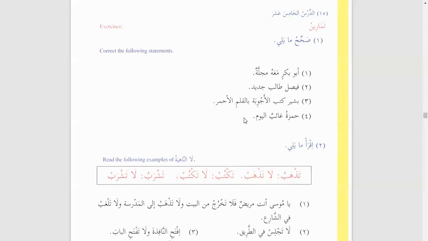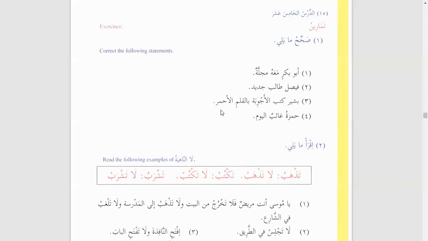Bashirun katab al-ajwibata bil qalam al-ahmari. So this is past now. Bashir wrote the answers with the red pen. Abdul Rahim.